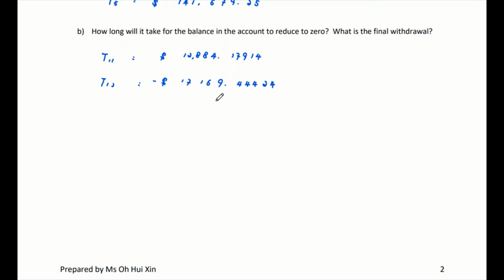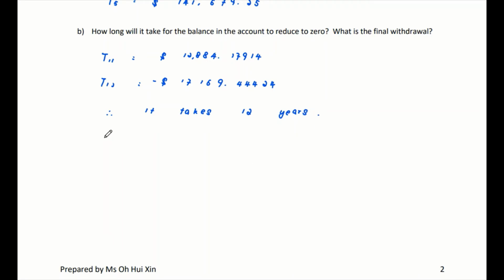Okay, so by looking at this, at the end of year 11, you still have some money. At the end of year 12, you are withdrawing more money already. So that's why the account will become 0 at the 12th year. So it takes 12 years.